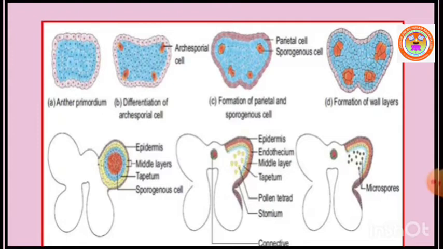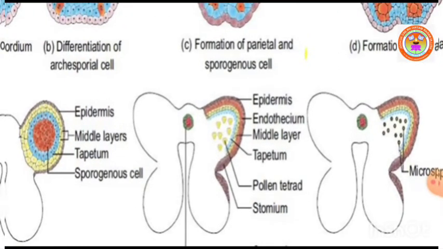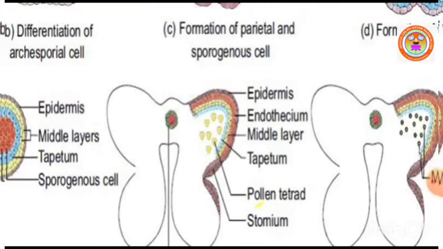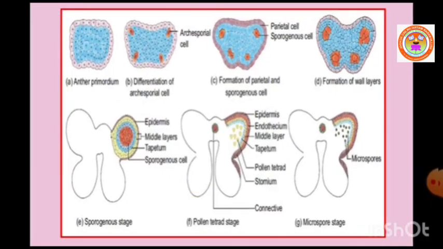The anther wall is composed of the following, from the periphery to the center: outer epidermis, endothecium, middle layer, and tapetum.